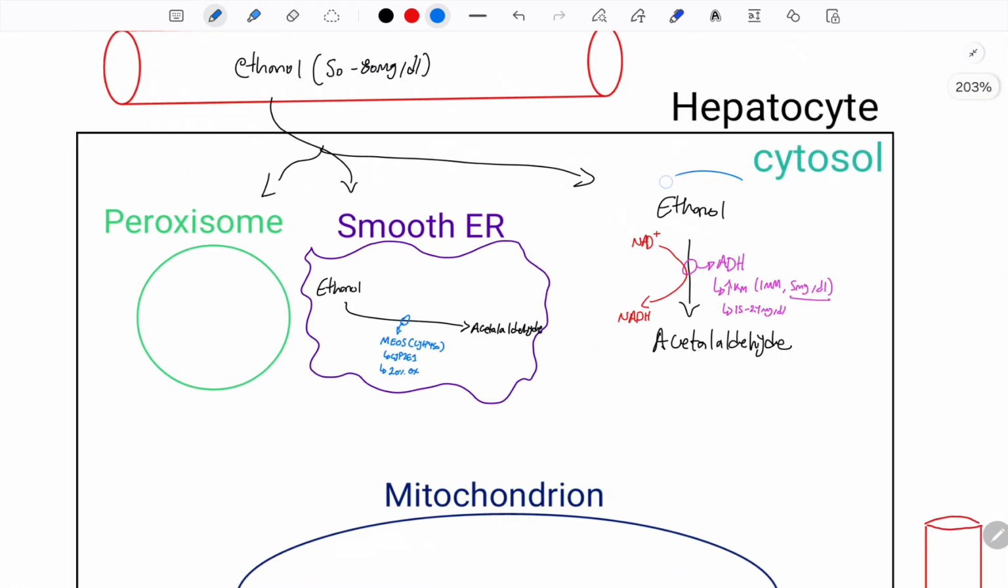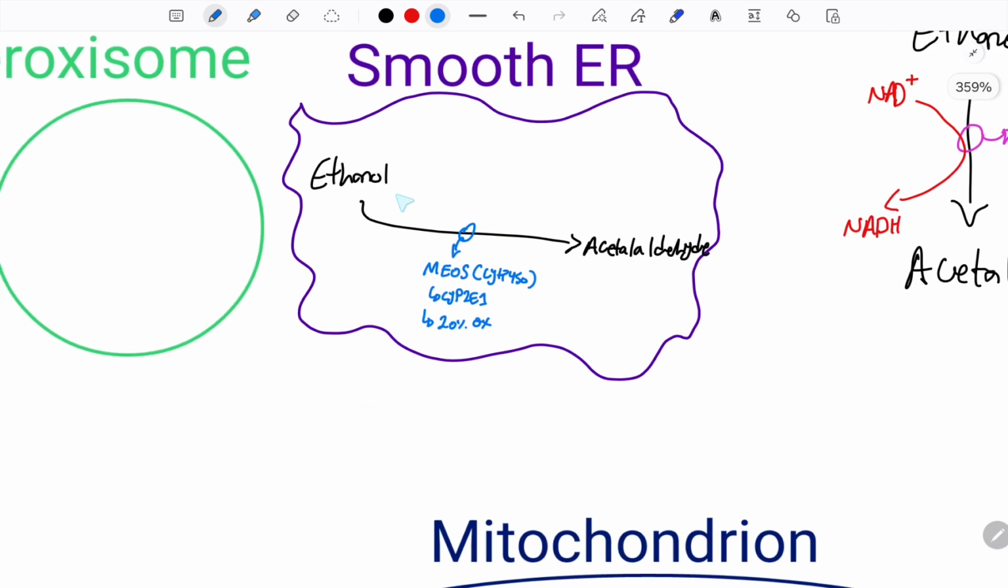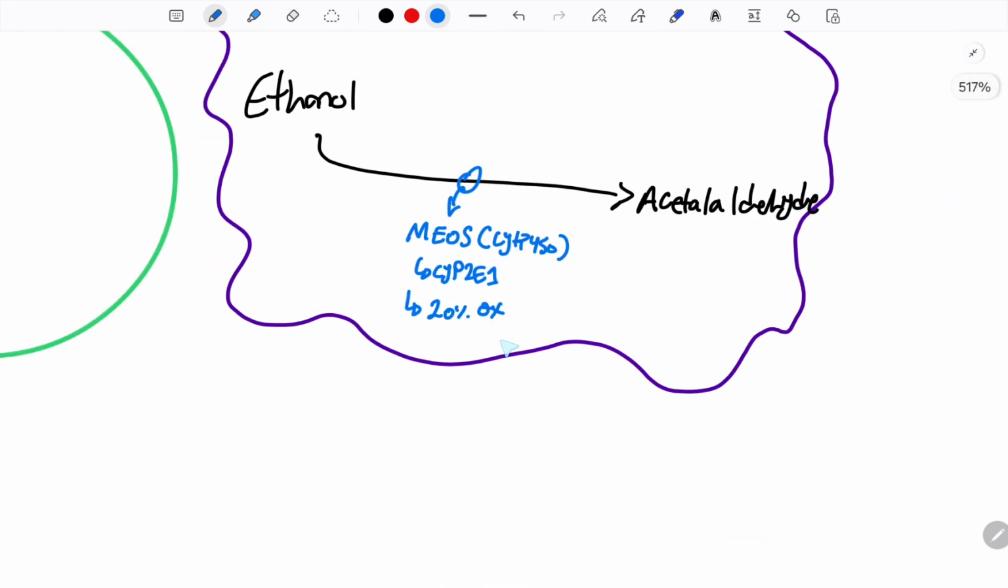So you can see that the alcohol dehydrogenase is responsible for about 80%, maybe even more, whereas the smooth ER microsomal ethanol oxidizing system is responsible for about 20%, upwards to 30% for alcoholics. And the other thing you should know is this pathway is very much inducible. What do I mean by this?